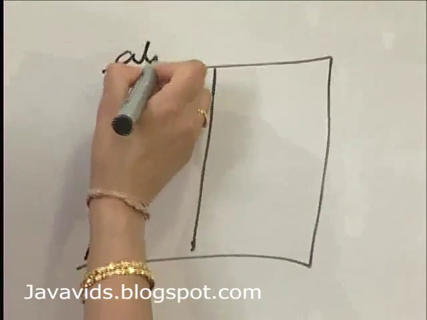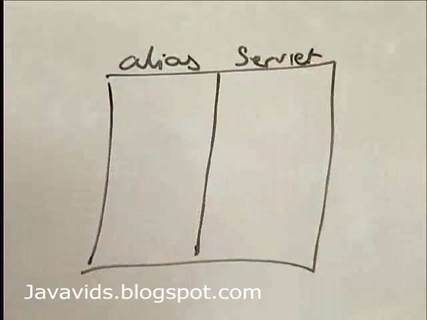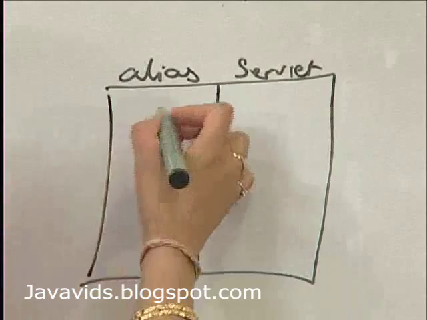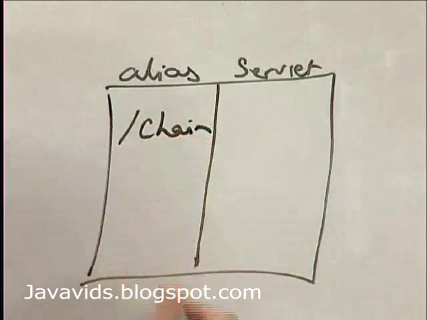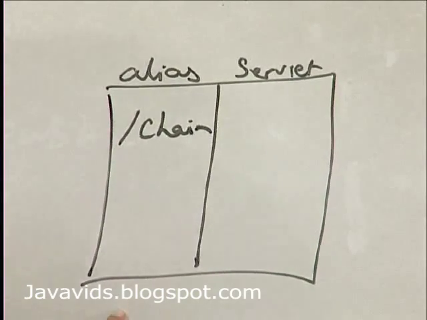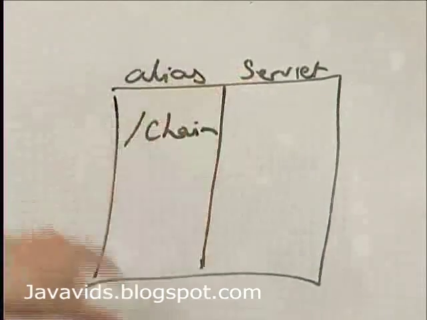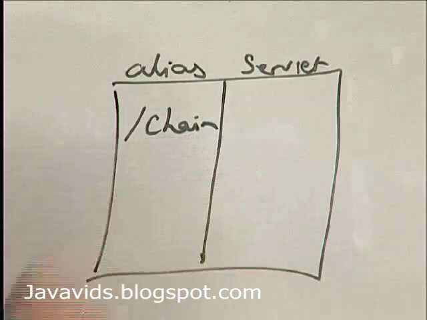One says the alias name and then here the servlet. So you specify the alias name. Let's say we call it /chain. There will be a set of buttons. Add is one of the buttons. Click at add. It will give you a row in this particular table. You type in the /chain, for example.